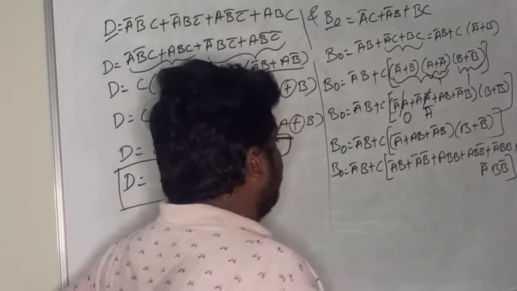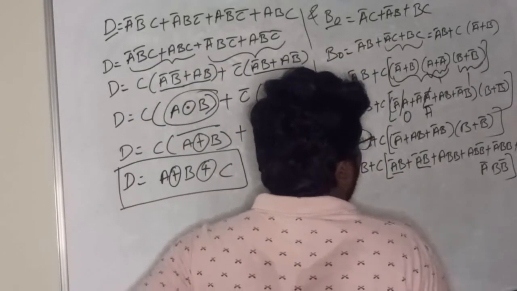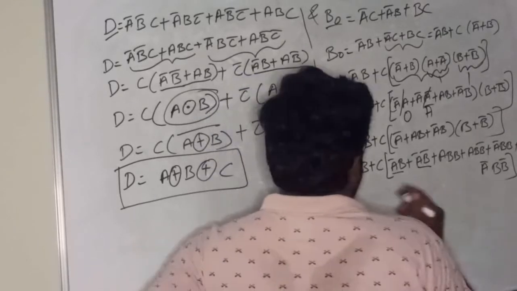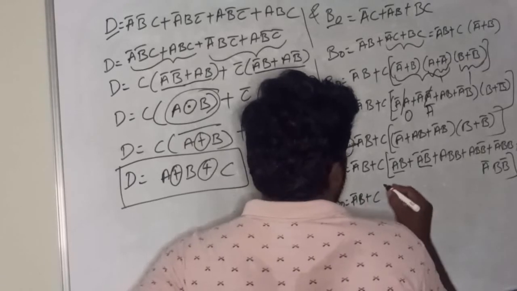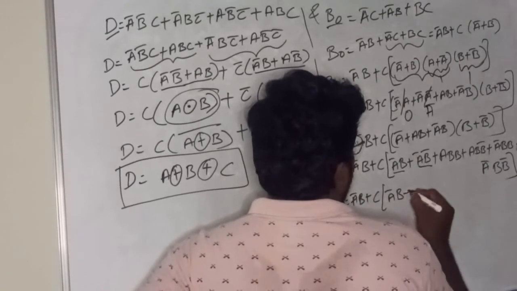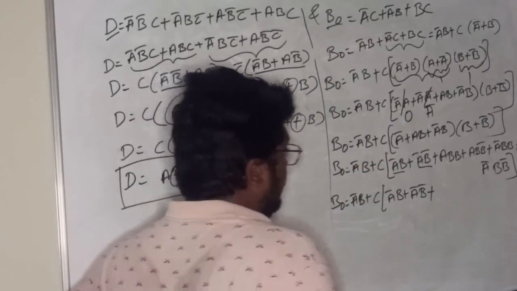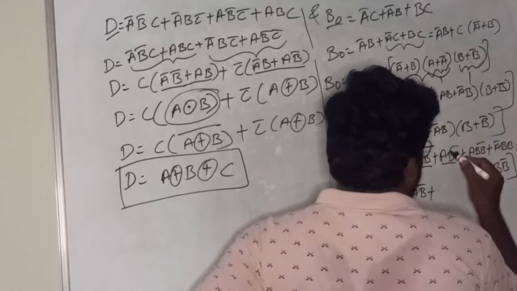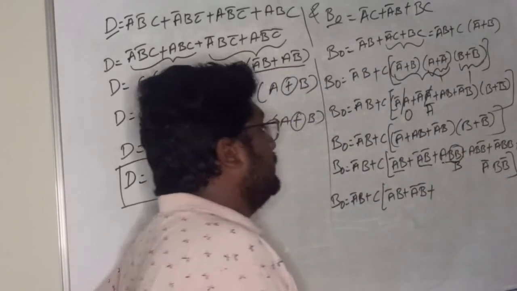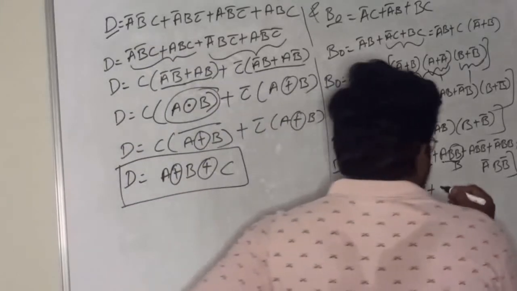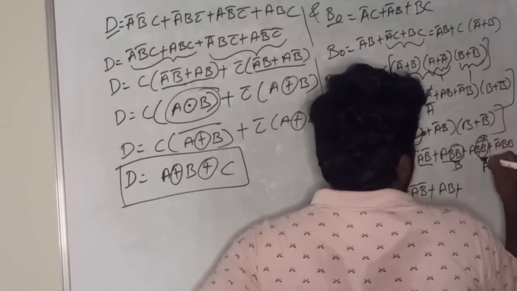So if you observe here, A complement B and A complement B complement are separate terms. So B naught is equal to A complement B plus C into (A complement B plus A complement B complement plus, and in this term ABB, BB will be one single term B, so this is AB plus B into B complement will be 0).